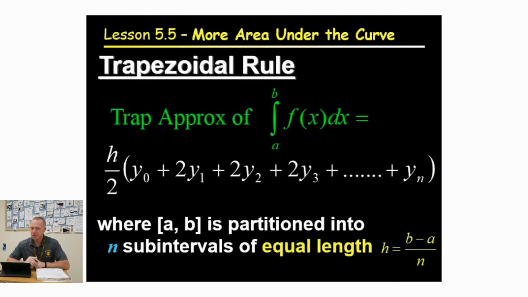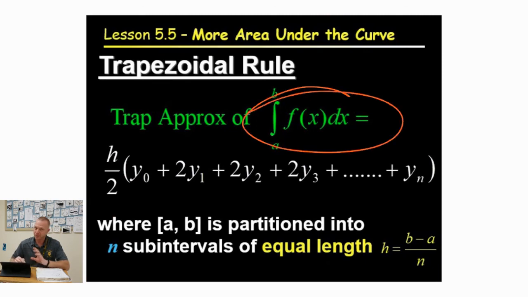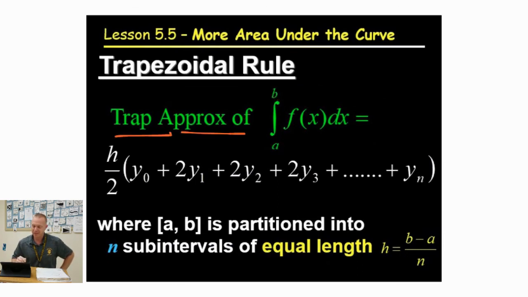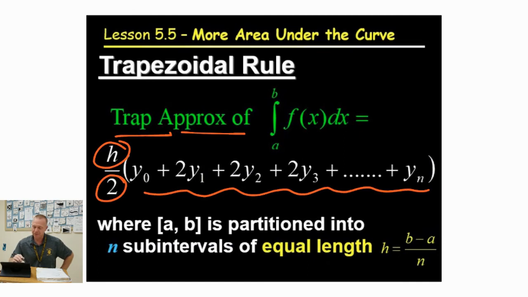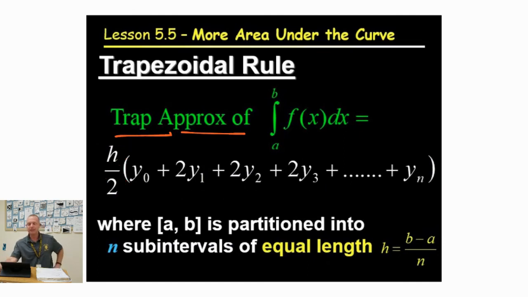If you're asked to do a trapezoid approximation for an integral, you don't actually do the antiderivative. You don't actually do the integral that way. If you're asked to do a trapezoid approximation, you're going to add up all the y values, making sure that you double all the ones in the middle, and then multiply by h, divide by 2, and we have ourselves the estimated area under the curve.